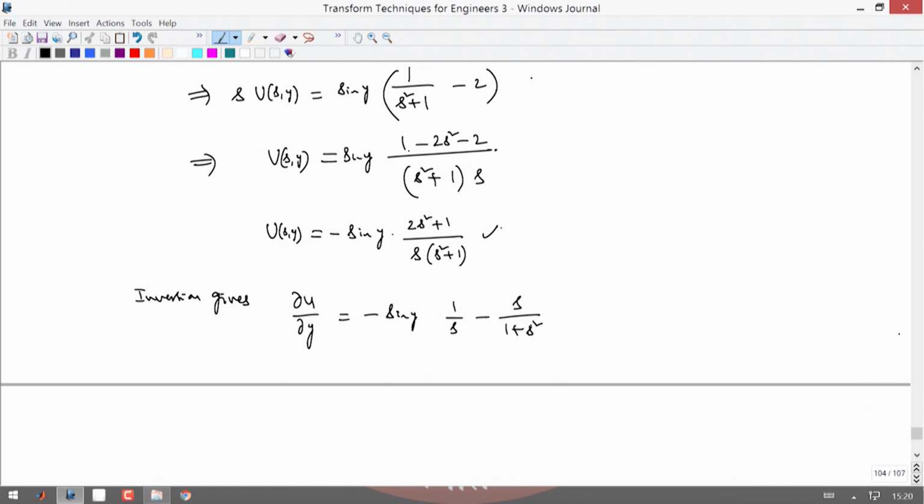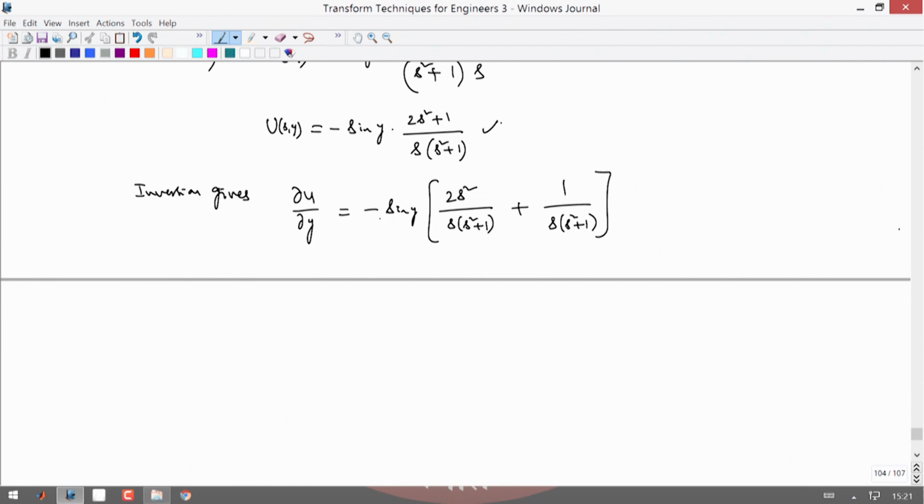So, what is this one, 1 plus s square minus s square. So, let me write this: 2 s square by s into s square plus 1 is 1 plus 1 by s into s square plus 1.